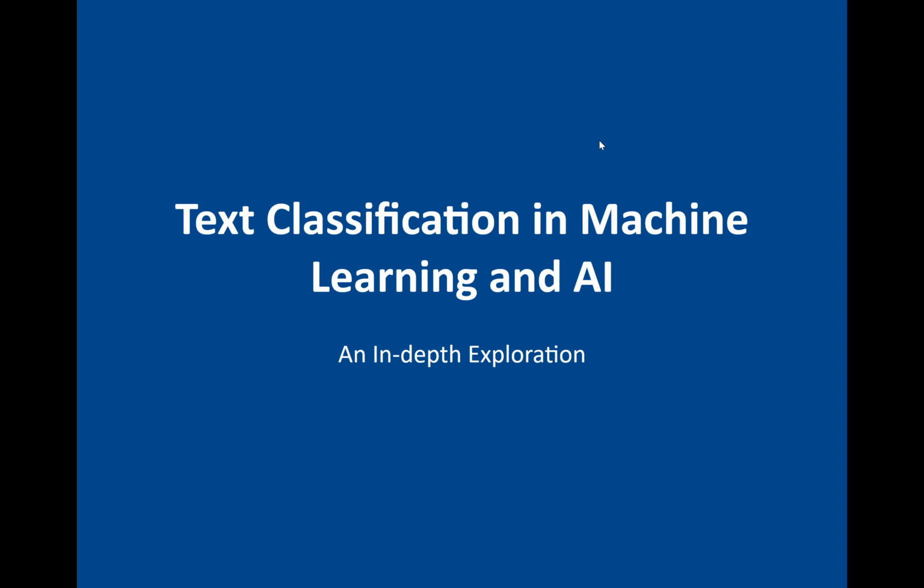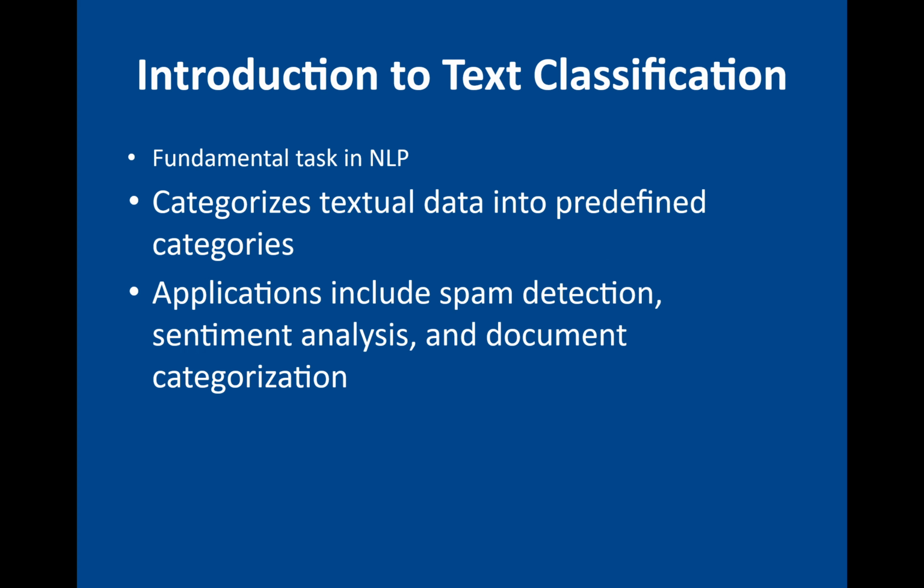Let's talk about text classification in machine learning and AI. Text classification is a fundamental task in natural language processing, that is NLP, that involves categorizing textual data into predefined categories. The technique has vast applications from spam detection in email to sentiment analysis on social media platforms, document categorization, and more.